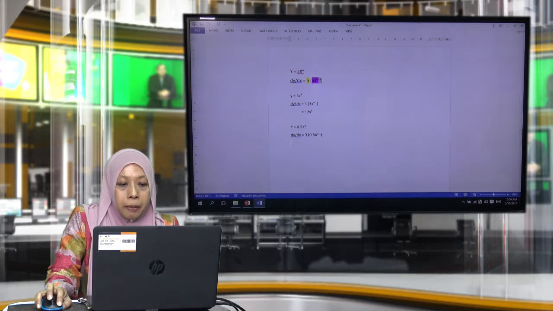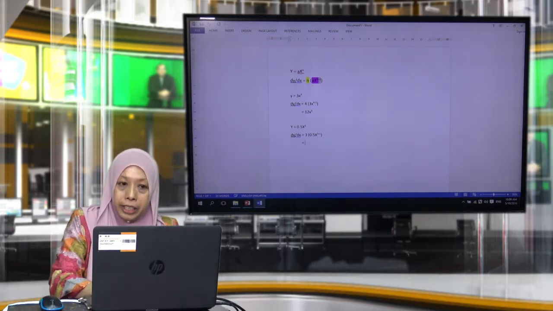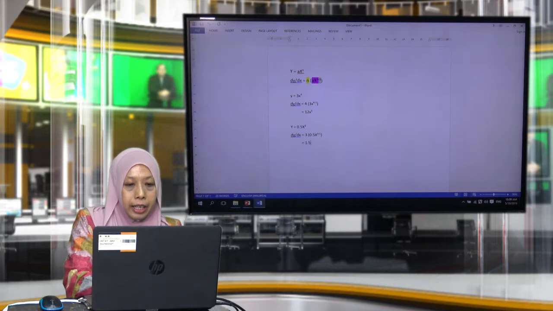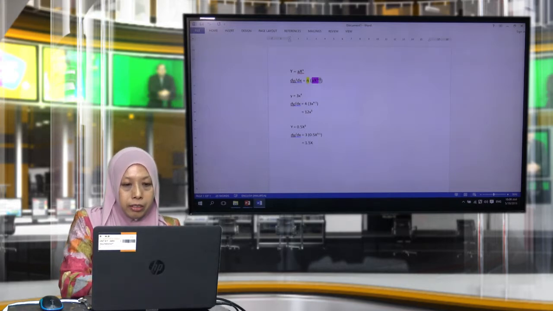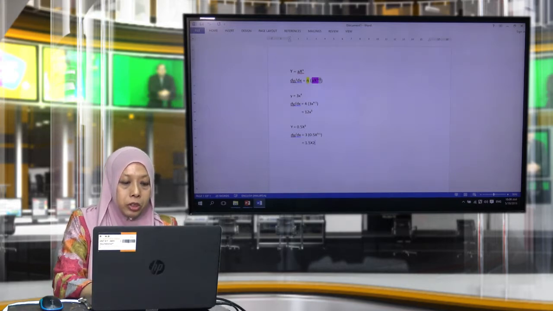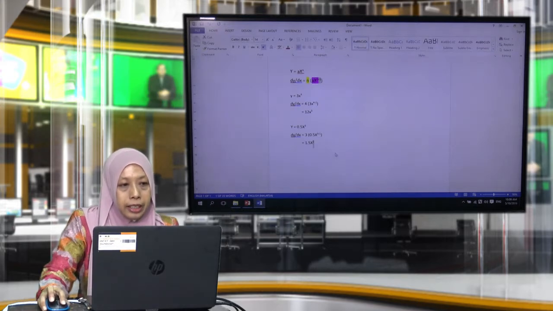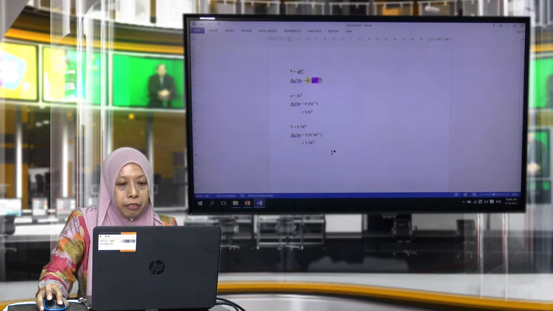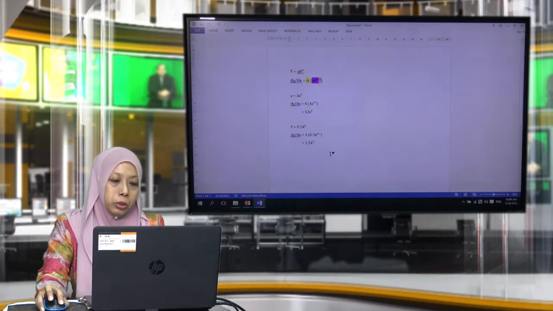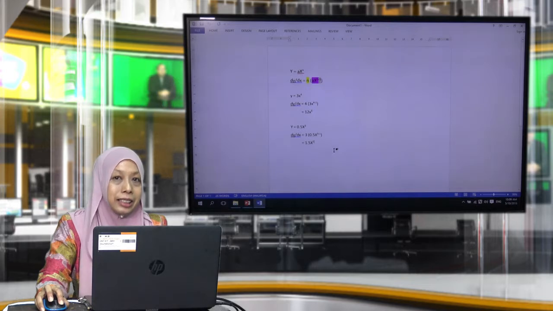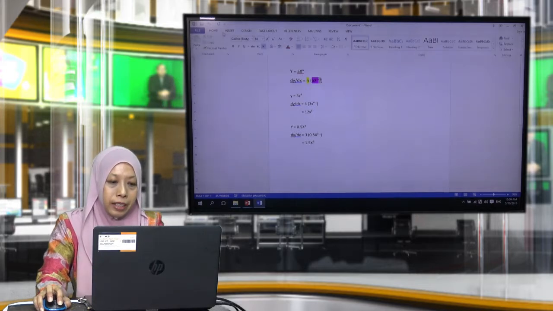Because you can simplify this further, let us simplify it. 3 times 0.5 gives you 1.5, then x, and 3 minus 1 is 2. So that is the derivative for y equals 0.5x to the power of 3. That's the power function rule.